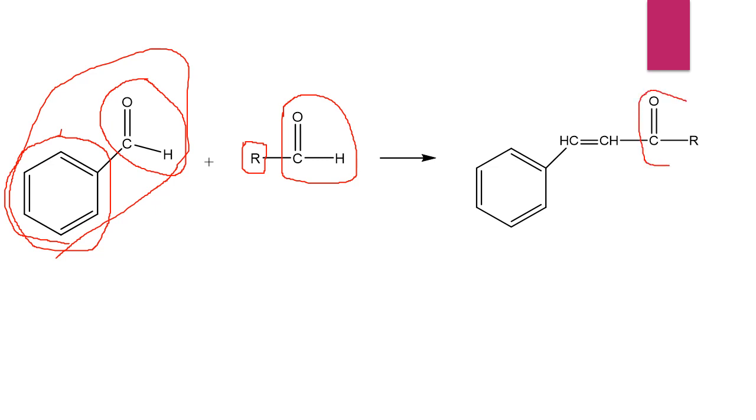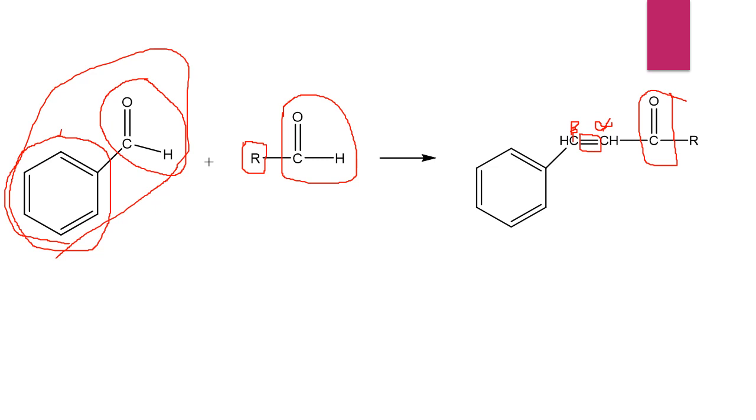Basically this is a carbonyl compound, and after the carbonyl, the first carbon is the alpha carbon, and the second one is the beta carbon, and this double bond shows unsaturation.